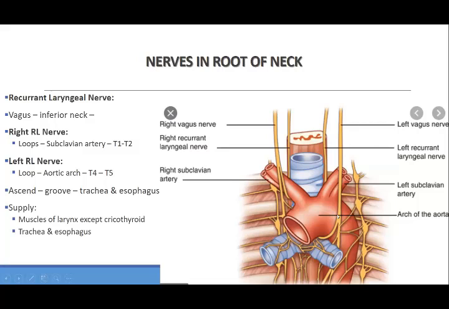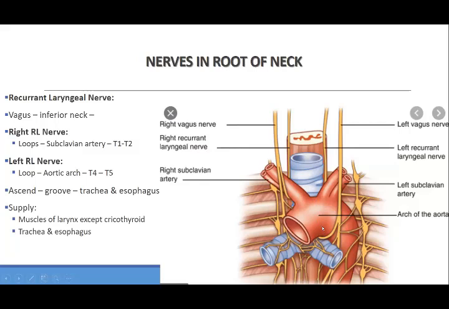See? It arches around the arch of aorta. Actually, they say it arches around the ligamentum arteriosus, the ductus arteriosus. Anyway, for you people, if you remember, it arches around the arch of aorta.